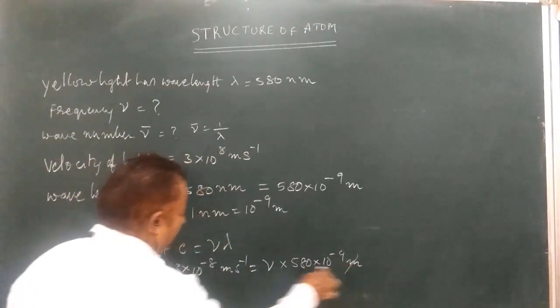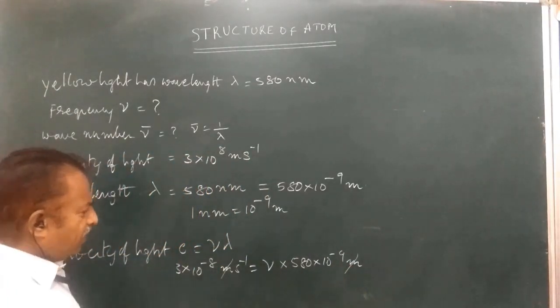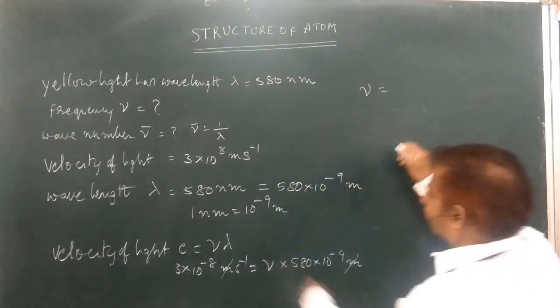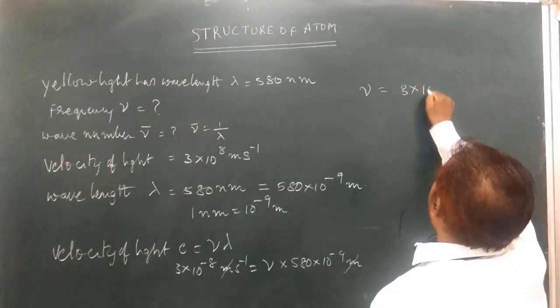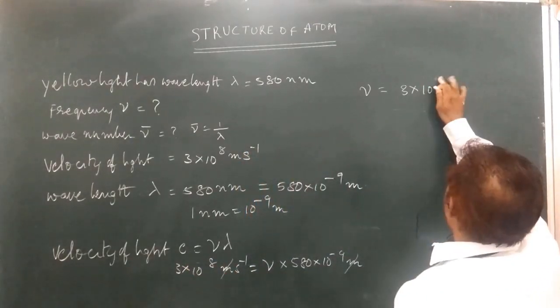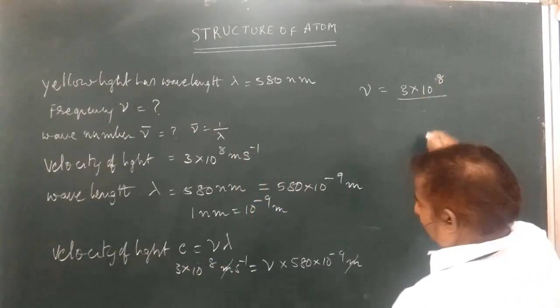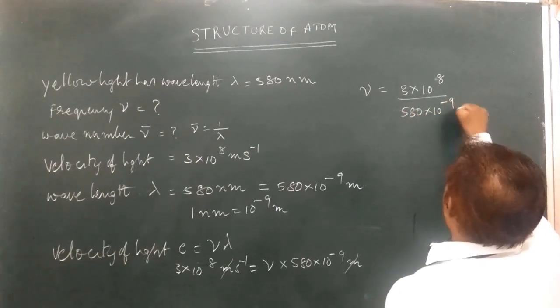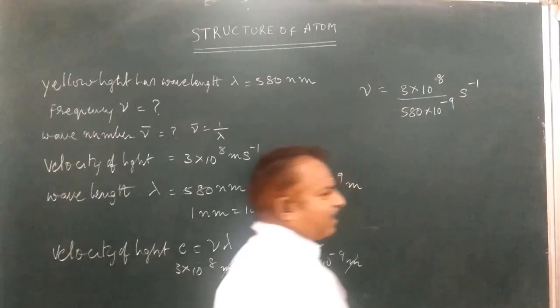So meter can be cancelled on either side. Therefore, nu equal to frequency equal to 3 into 10 to the power 8 by 580 into 10 to the power minus 9 second inverse.